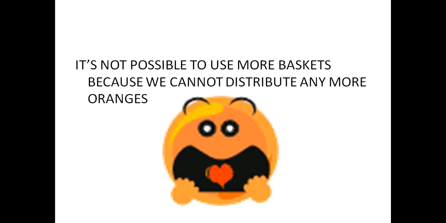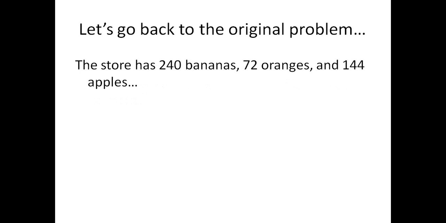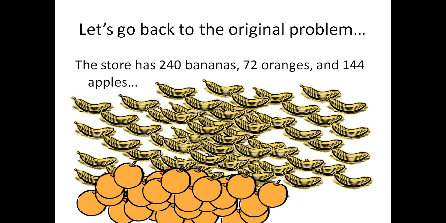Well, but now we have to move on to the original problem. In this case, we don't have so little quantities or amounts of bananas, oranges, and apples. In our original problem, we have 240 bananas, 72 oranges, and 144 apples. Well, now this is too much, I think.